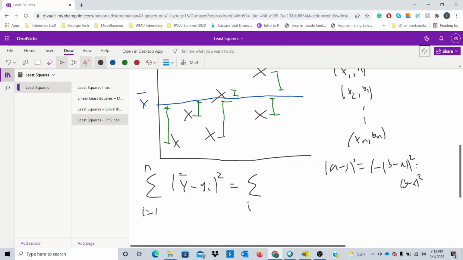So this is equal to the summation from i equals 1 to n of y sub i minus y bar squared. So if we had this horizontal line, y equals y bar, and naively fit our data through this horizontal line, this is the sum of residuals you're going to get. This is kind of like our error from naive fitting.